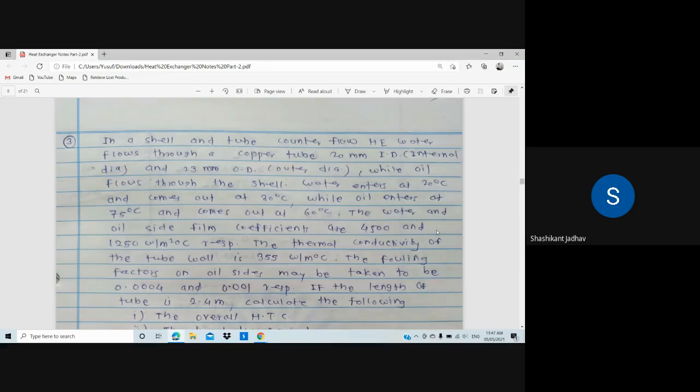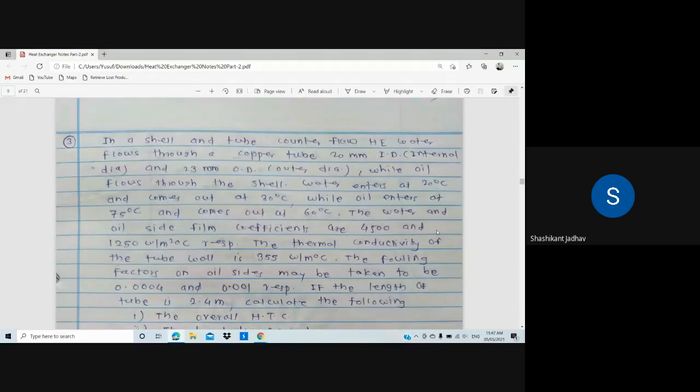If the length of the tube is 2.4 meter, calculate the following.